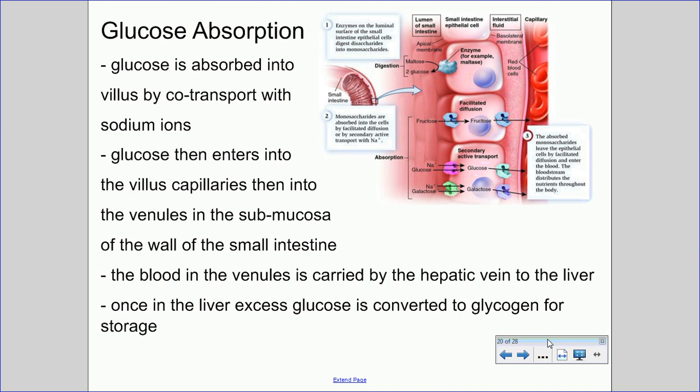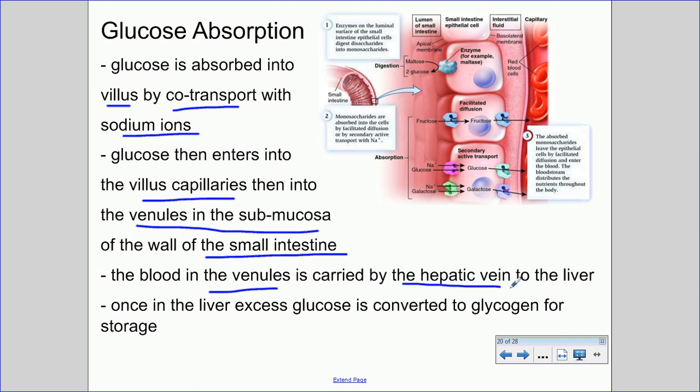Once glucose has been produced, glucose is then absorbed into the villus by co-transport with sodium ions. That glucose then enters into the capillaries in the villus, and then the venules into the submucosa of the wall of the small intestine. The blood in the venules is then carried by the hepatic vein to the liver.